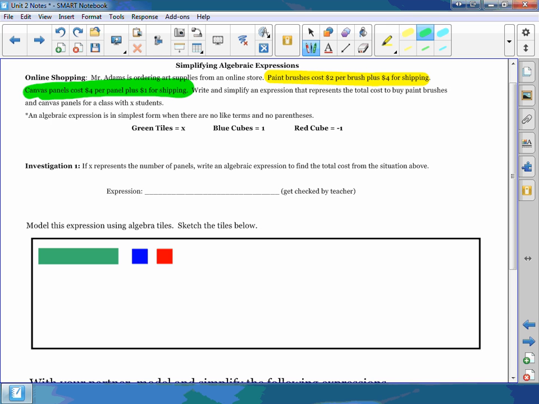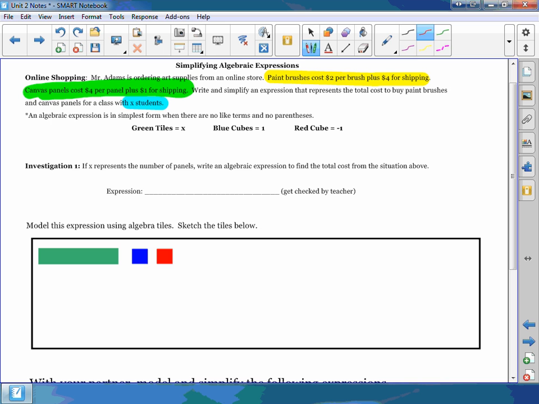Well, in the end, it says that he's going to buy this for a class with X students. So we don't know how many students there are. There could be 10, there could be 20, there could be 50. So we're going to move ahead with the assumption that X is the number of students and that each student is going to get a paintbrush and each student is going to get a canvas.